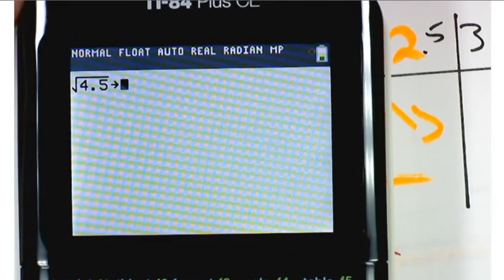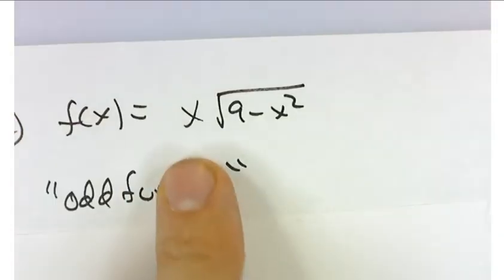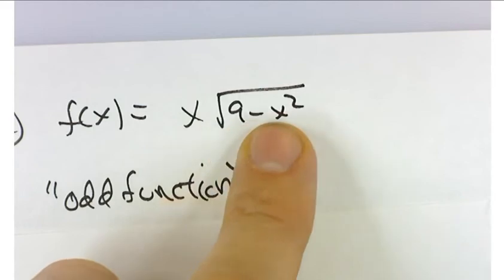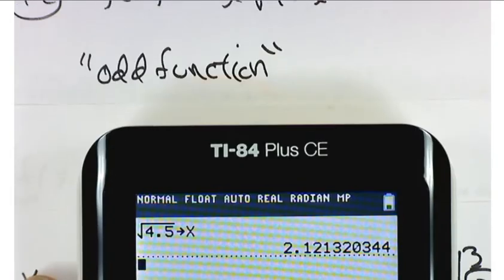Store that in x. Now what does the function ask us to do? The function asks us to take x times the square root of 9 minus x squared.